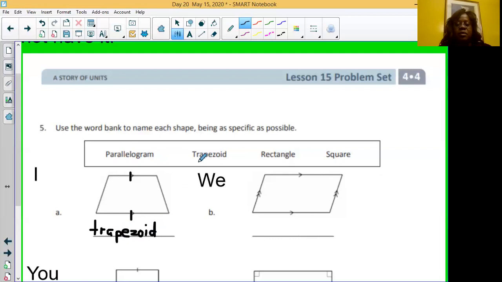Okay, so now we can mark trapezoid off the list. And we know that it is a trapezoid because it only has one pair of parallel lines. It's the only one that we talked about. Okay, now the next one, 1B, is what we do.